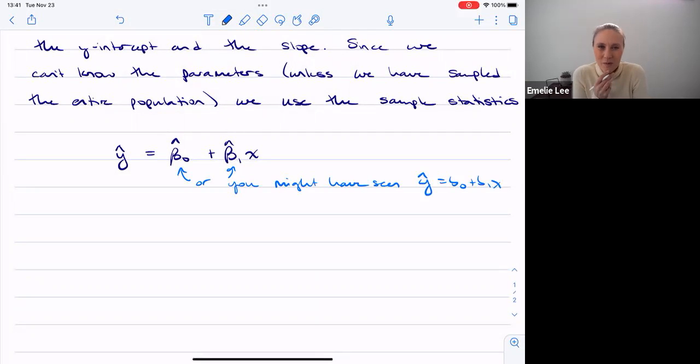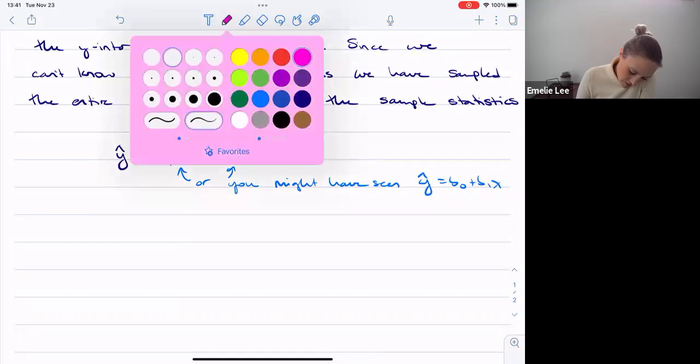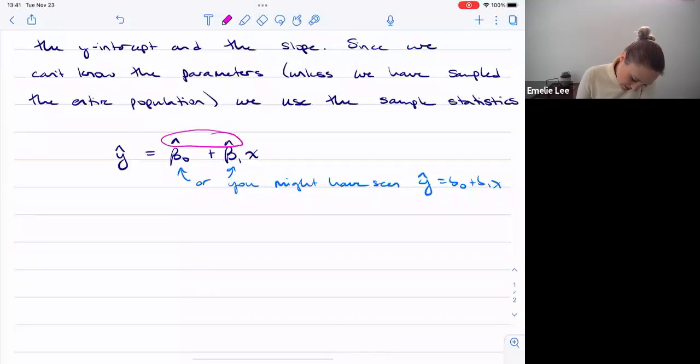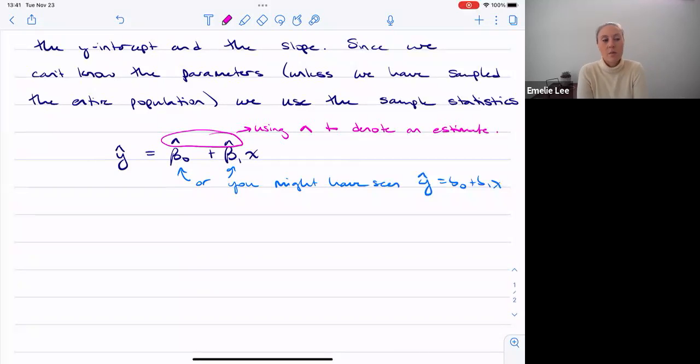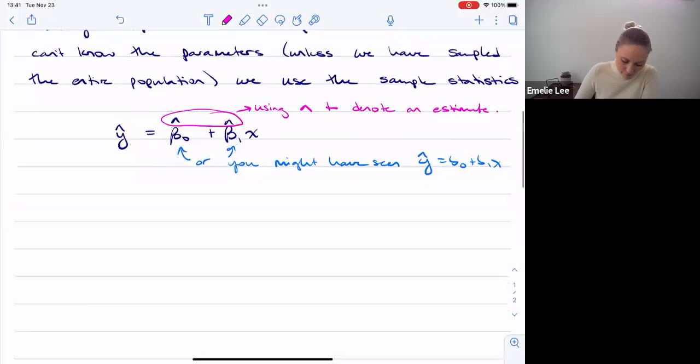That's more common, to use a B instead of the betas, but here they're using a hat to denote that it's an estimate, an estimate based on the sample.